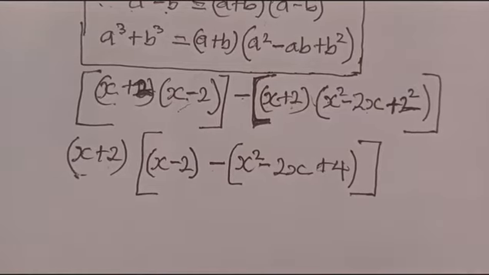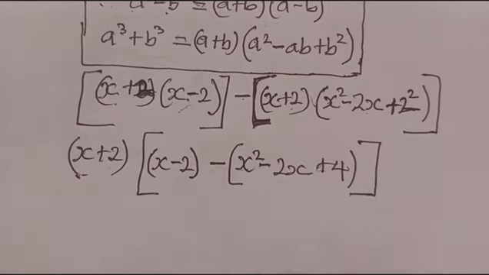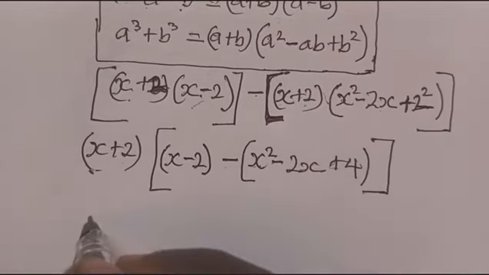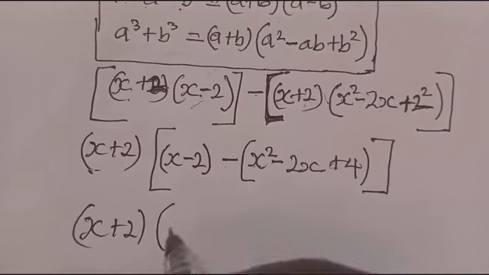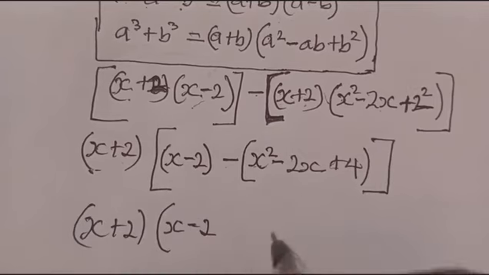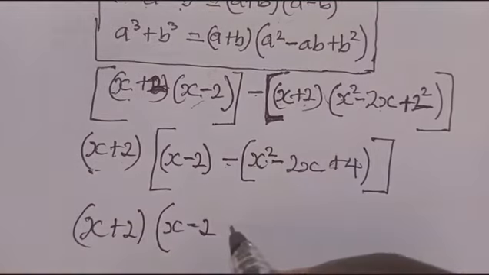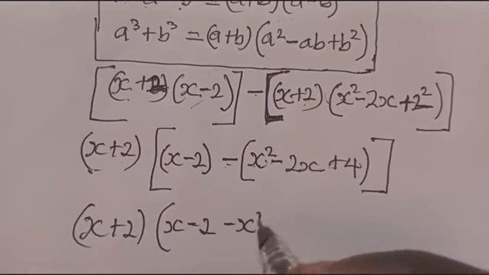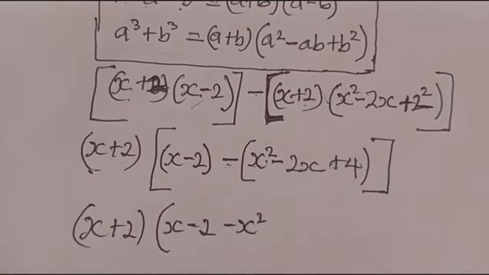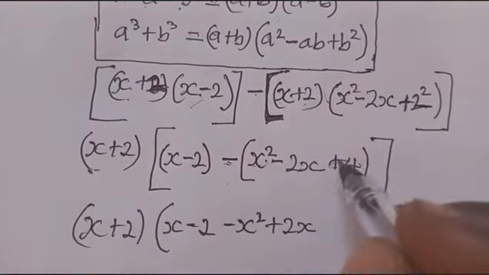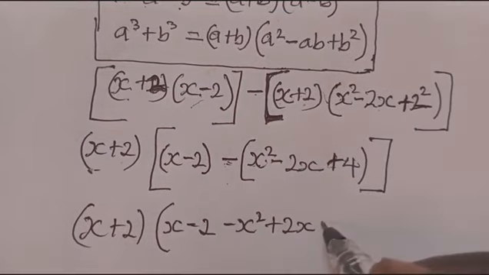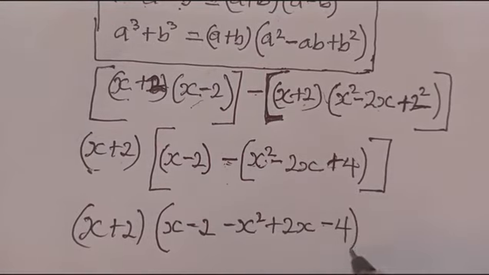We can open the bracket using the negative sign. So we have x plus 2, then we have x minus 2. If we open the bracket here, we have minus x square. The minus times minus here also will give us plus 2x. The minus times this will give us minus 4.